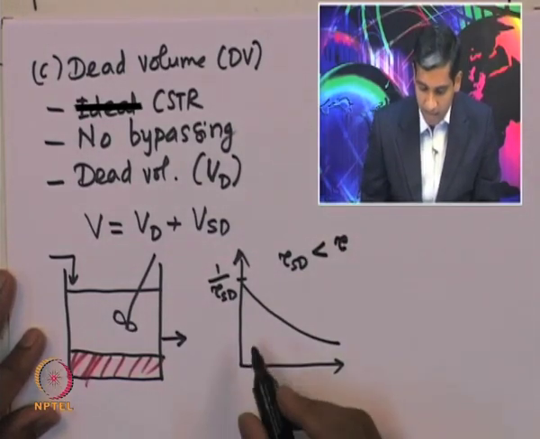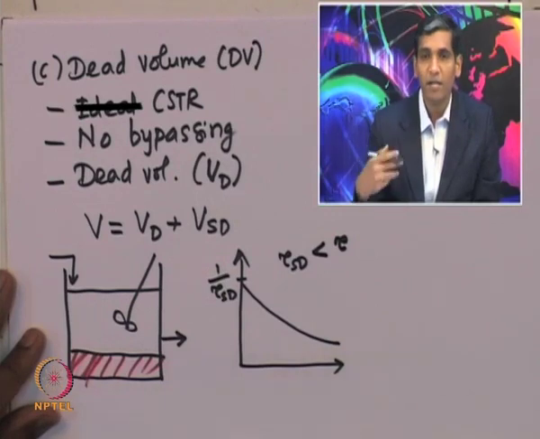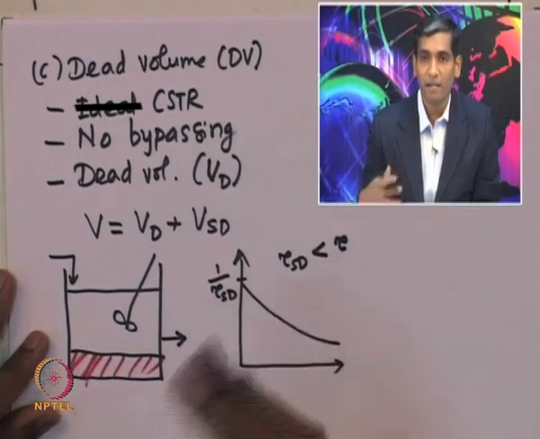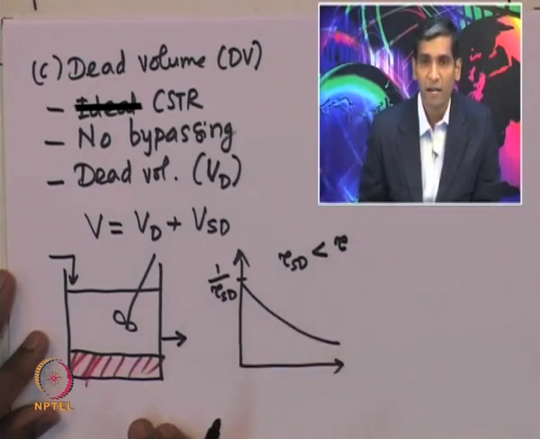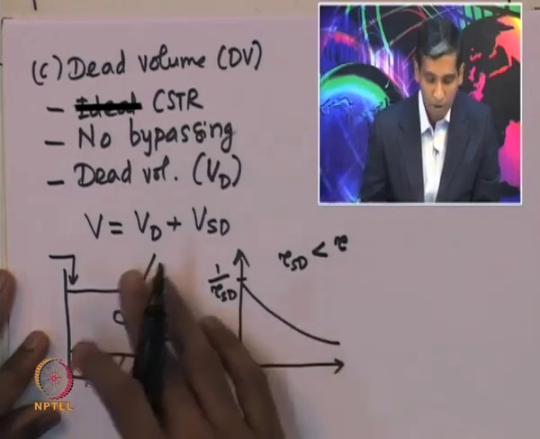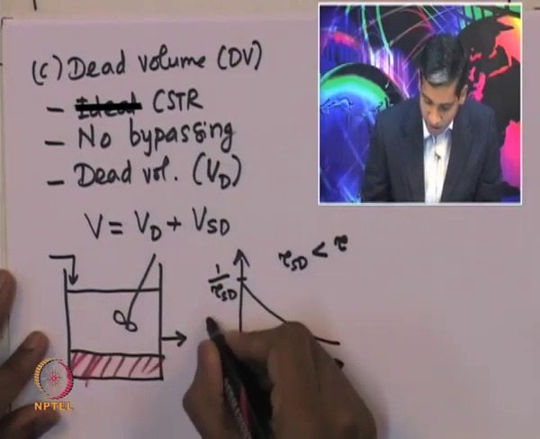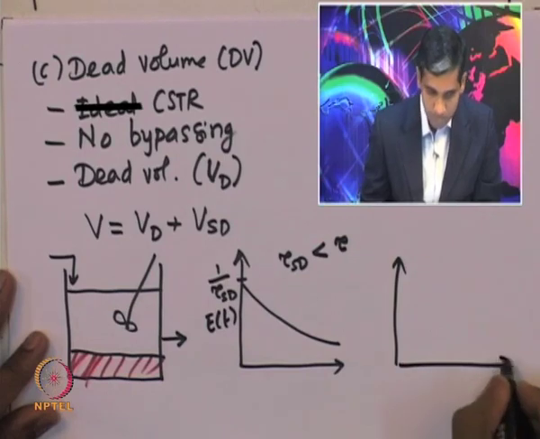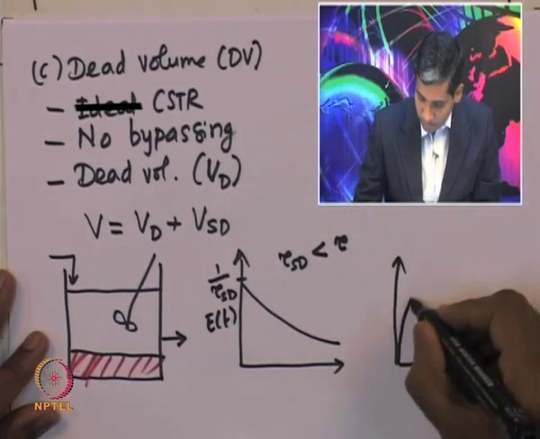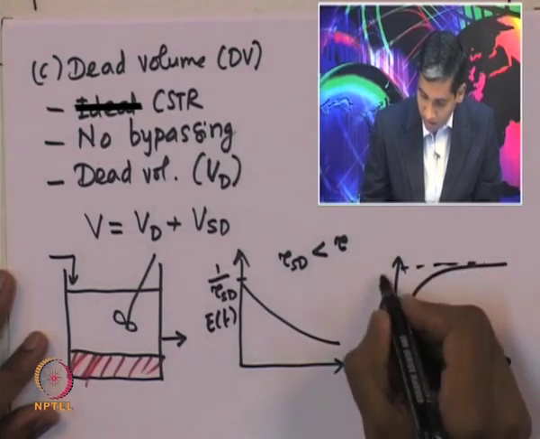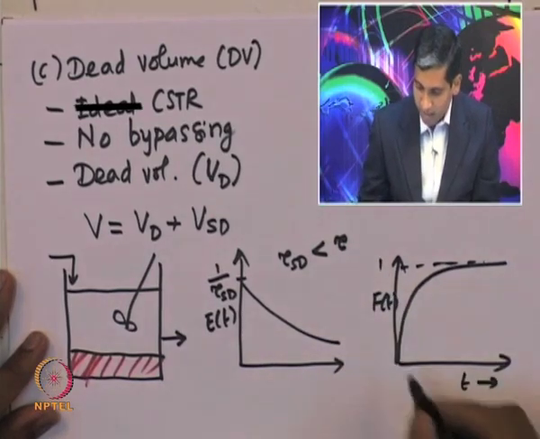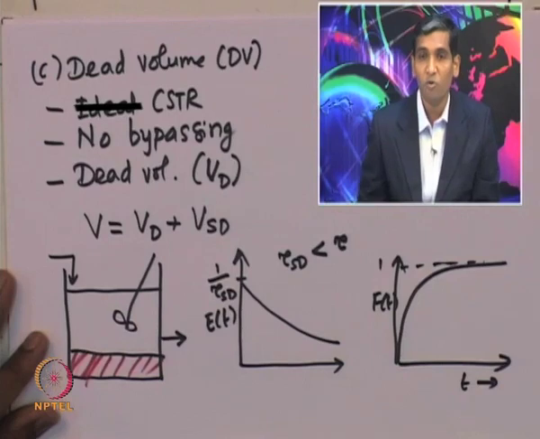As a result, the exponential curve, the C curve and the E curve is going to decay faster than if it were conducted under normal perfect operation, and the corresponding F curve will also be correspondingly steeper, and it will slowly increase and go to 1.